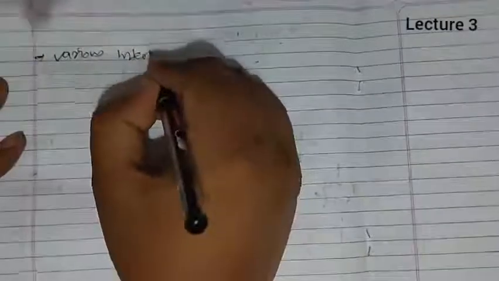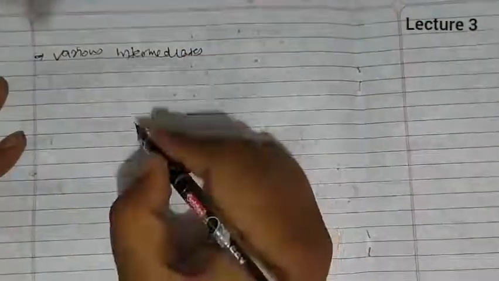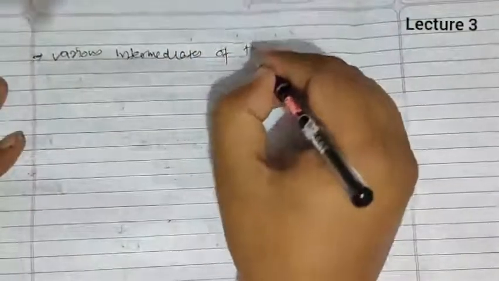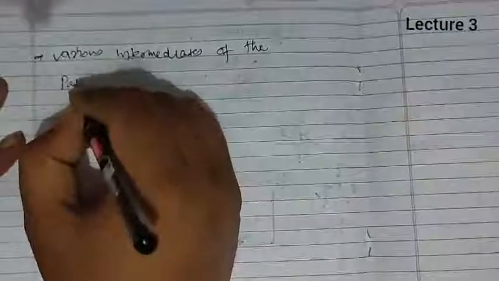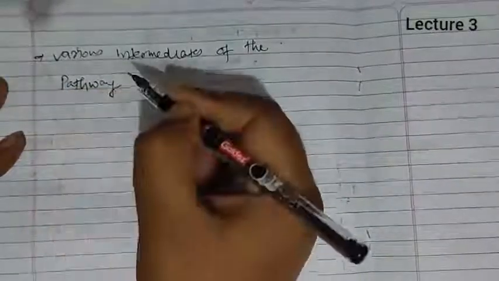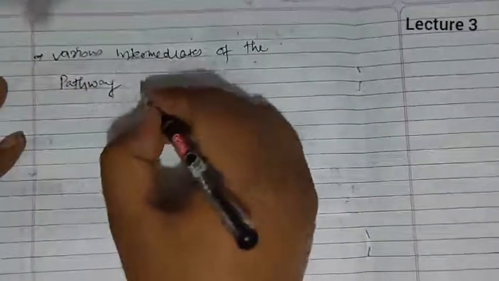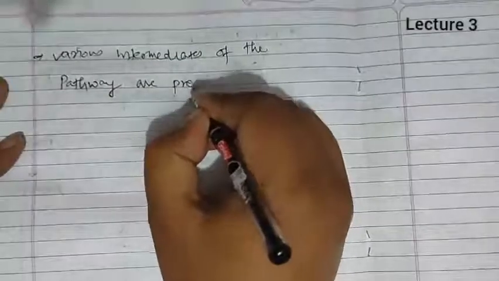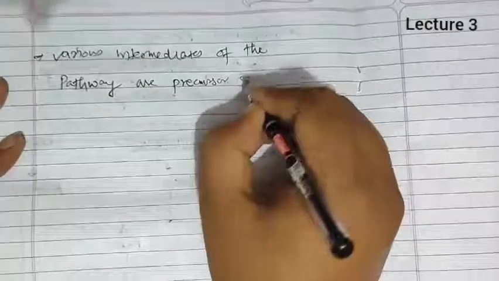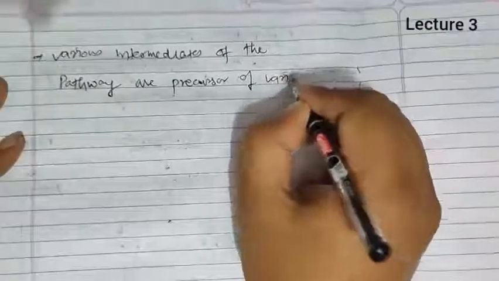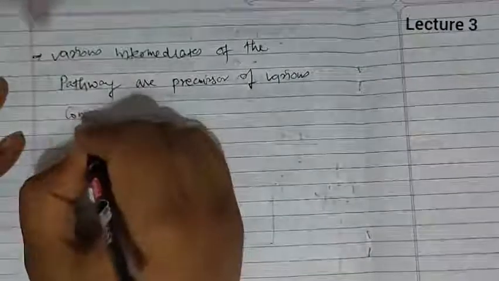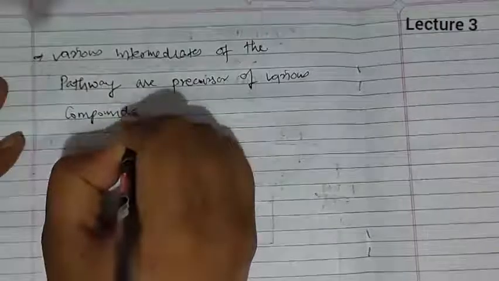So various intermediates of the pathway are precursors of various compounds.